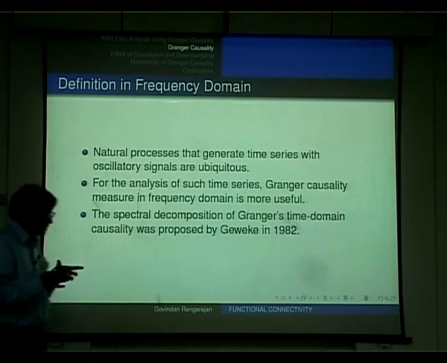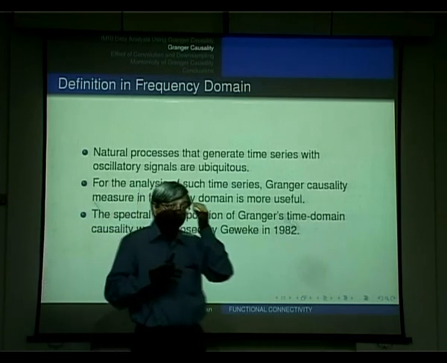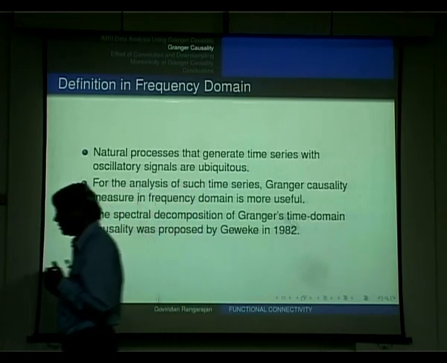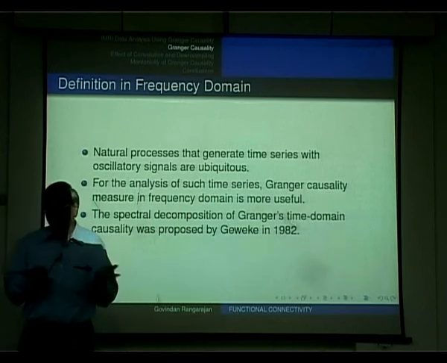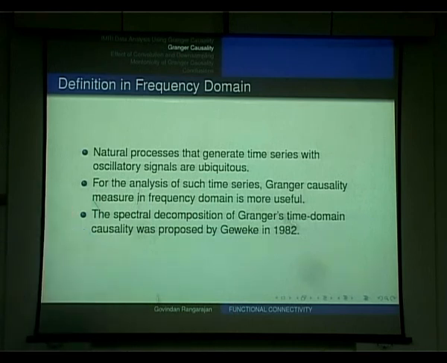Next, we'll be interested in looking at Granger causality in the frequency domain. Many natural processes are very interesting to look at from a frequency component viewpoint. For example, even in signals recorded from the brain, you may be looking at alpha rhythms, beta rhythms, theta rhythms, whatever.